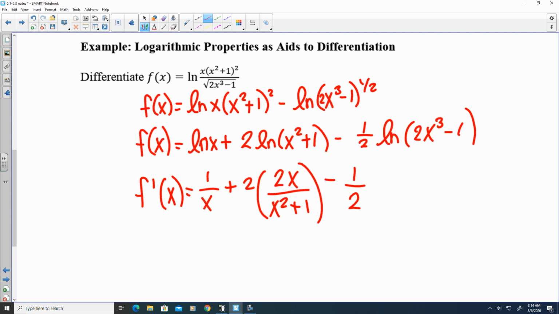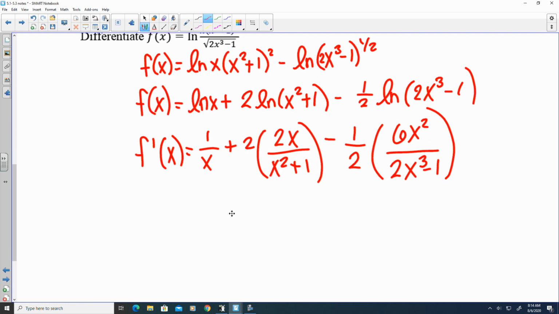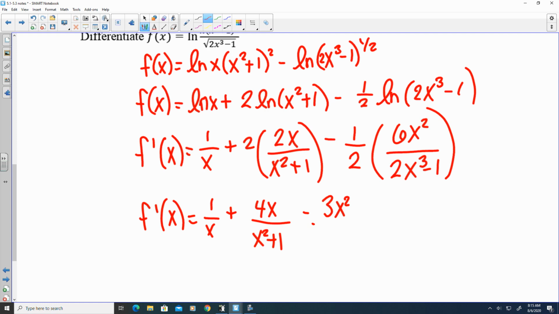And last one, derivative of the inside over the inside. And I would probably do one more step to simplify a little bit so that there's no numbers on the outside like that. So we have 1 over x plus 4x over x squared plus 1 minus 3x squared over 2x cubed minus 1.